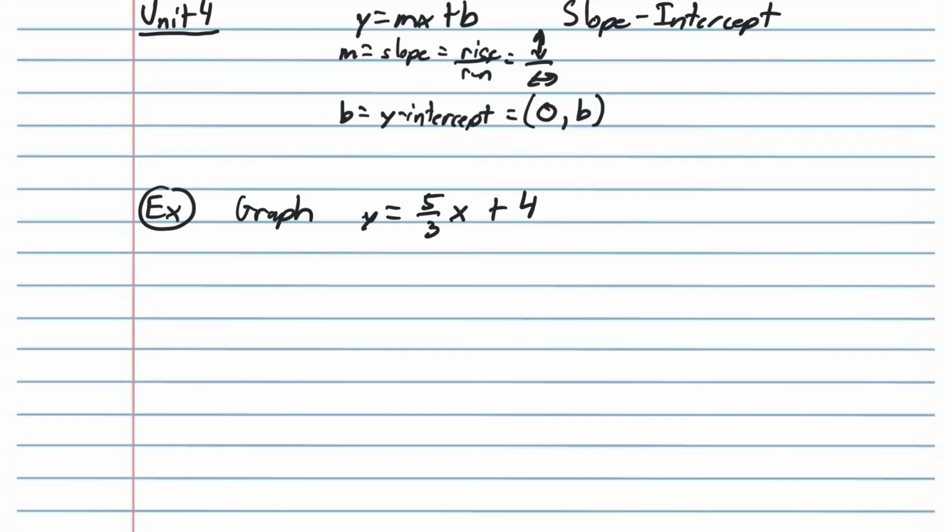Okay, so start by identifying m and b. Remember, m is always that number that's in front of the x term. So m is that 5/3 value, and then b is always the number that comes later, so that +4. Essentially, that's all you need to be able to draw this graph. Okay, so let's go ahead and draw a 5x5 graph over here.